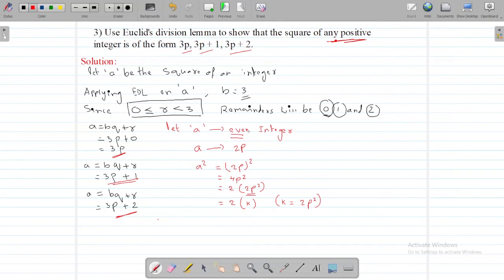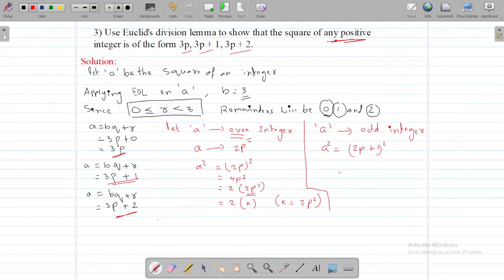So this is the case for even integer. Now if the value of a is an odd integer, suppose a is an odd integer, then here we'll take the value of a as 2p plus 1 whole square, that is squaring on both sides.